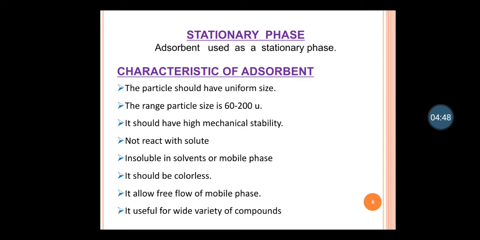It should have high mechanical stability, should not react with your solute molecules, should be insoluble in your solvents, and should be colorless. It should allow free flow of your mobile phase, and it can be used for a wide variety of components.